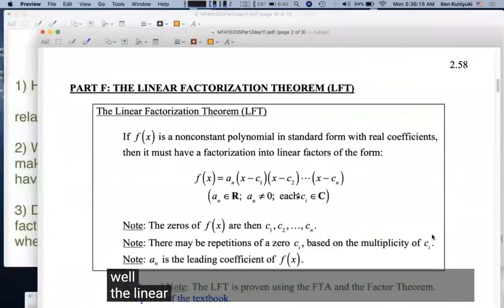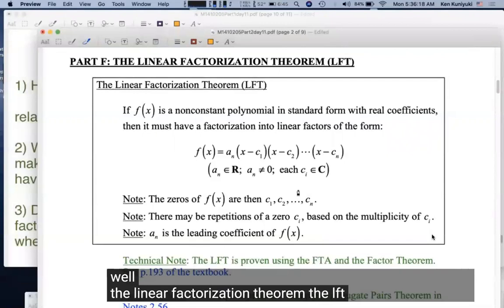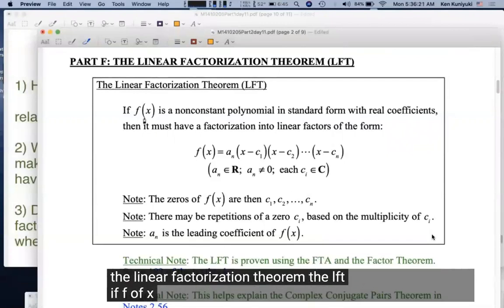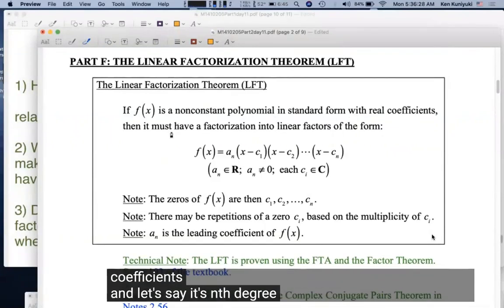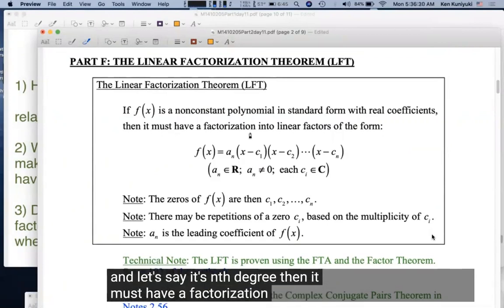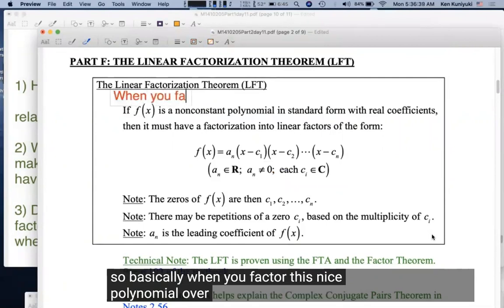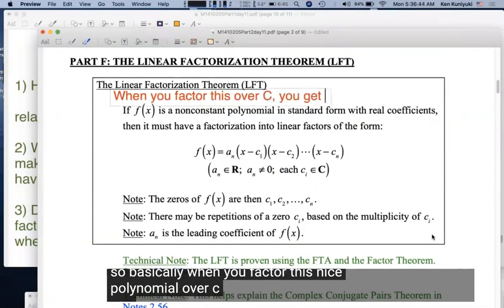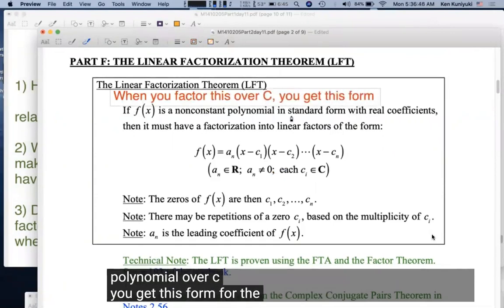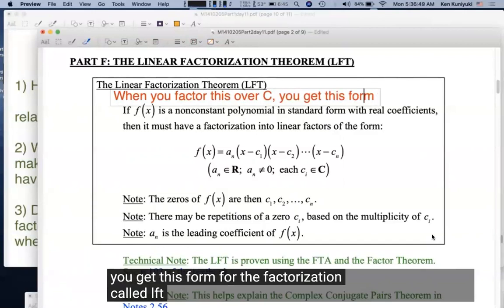The Linear Factorization Theorem, the LFT: if f of x is a non-constant polynomial in descending powers with real coefficients, and let's say it's nth degree, then it must have a factorization into linear factors over C of this form. So basically, when you factor this nice polynomial over C, you get this form for the factorization called LFT form.